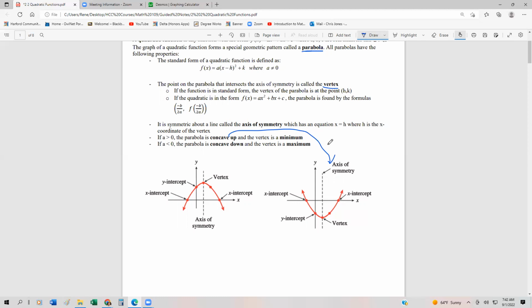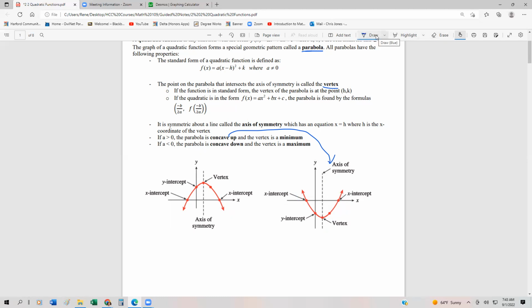We haven't defined it yet, but this is the vertex right here. It's the lowest point on this particular quadratic, and the axis of symmetry is this line right here that bisects it. Notice that the right half of the parabola looks the exact same and has the exact same properties as its left half. So that's what an axis of symmetry is, and this is a concave up parabola.